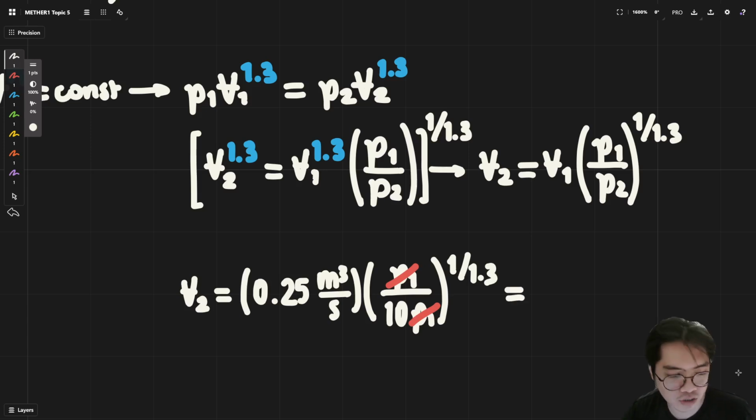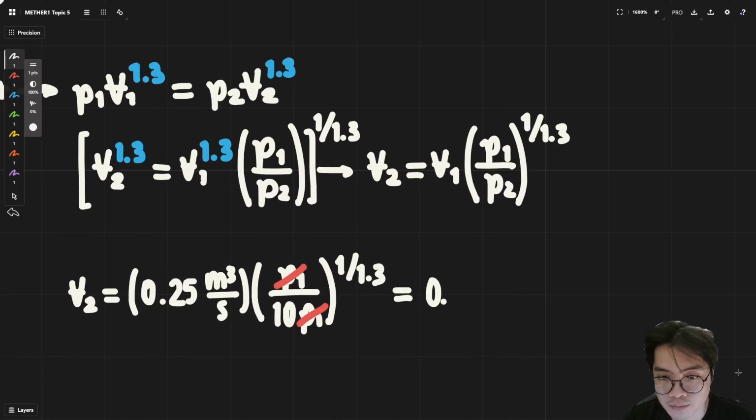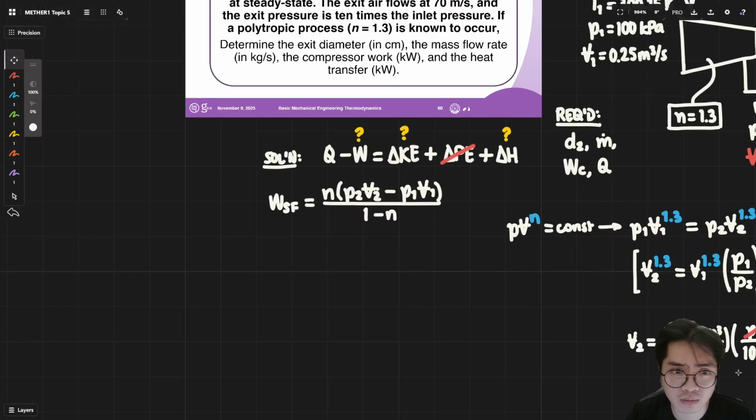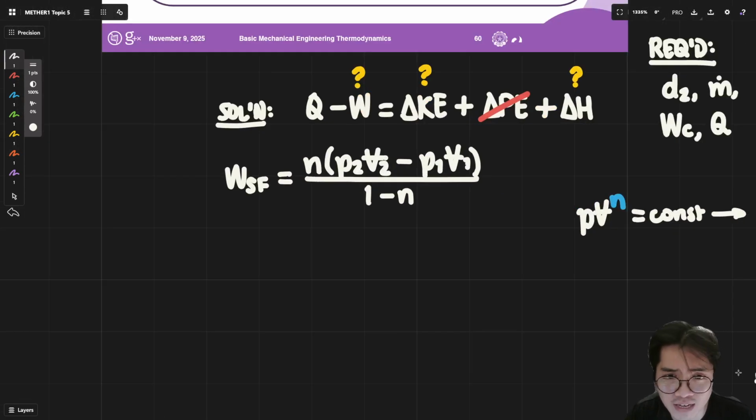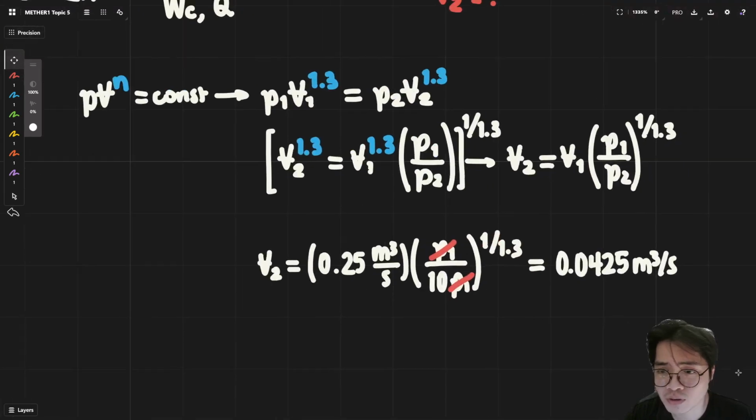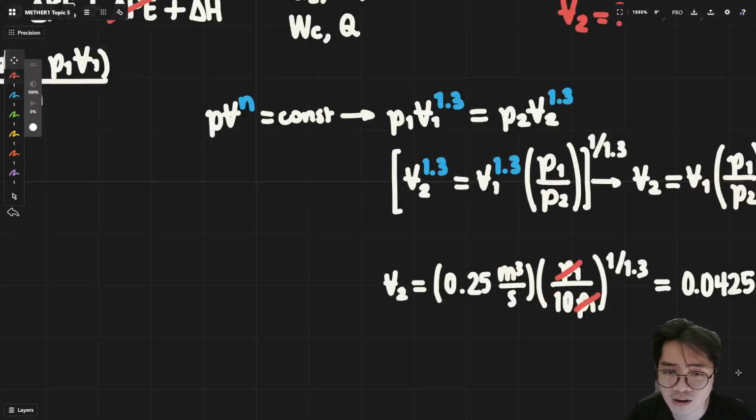You will get an answer which is 0.0425 meter cubed per second. So that is now your V̇2. Technically, you now have everything in here for you to be able to get your answer.